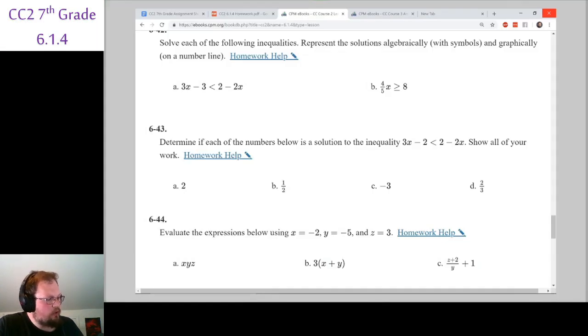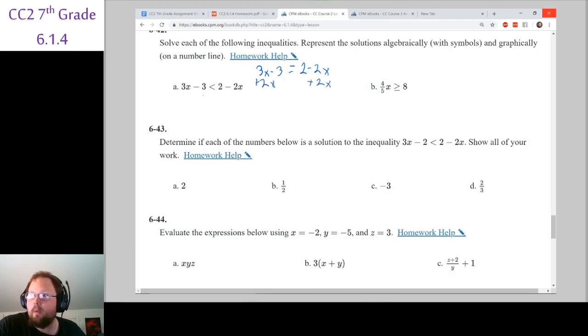On this one, if you're trying to solve it, step 1, rewrite it as 3x minus 3 is equal to 2 minus 2x. Always, if you're solving an inequality, you put it with an equal sign. I need to move the x's over, so I'm going to add 2x to the left side.